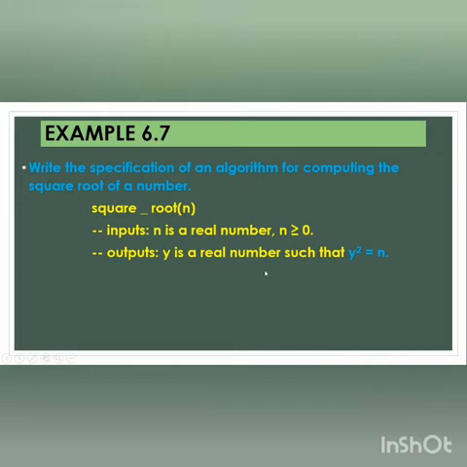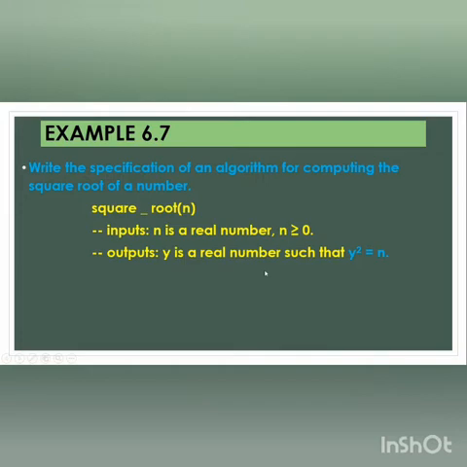So, what is the relation between the input and output? For example, here I have to find the square root of the value 25. Then, what will be the output here? 5. So, the relation is 5 square is 25. So, y square is equal to n is the relation between the input and output.